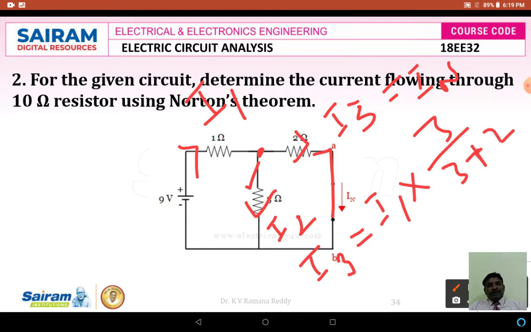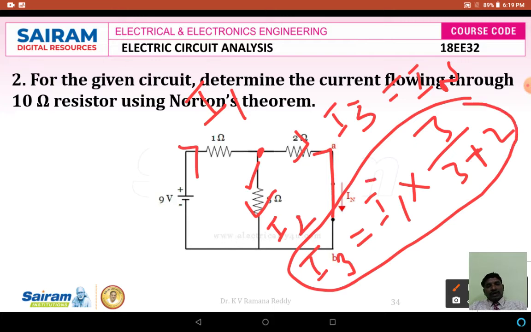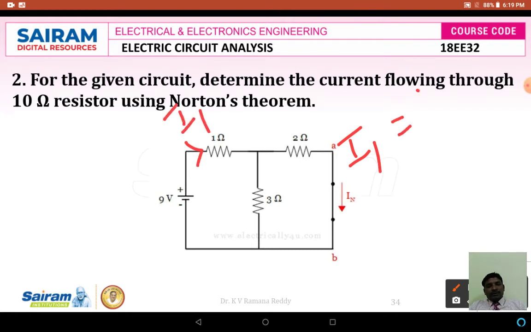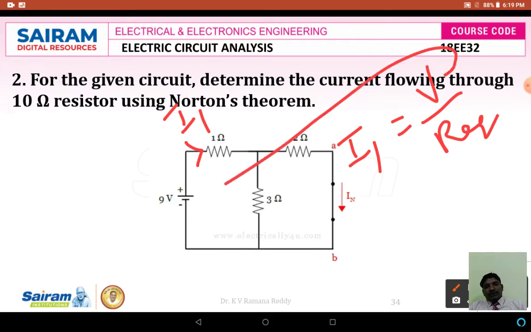In this formula, I want to find the total current I1, which is driven by this 9 volts voltage source. The formula is I1 equal to V by R equivalent, where V is this 9 volts voltage source.